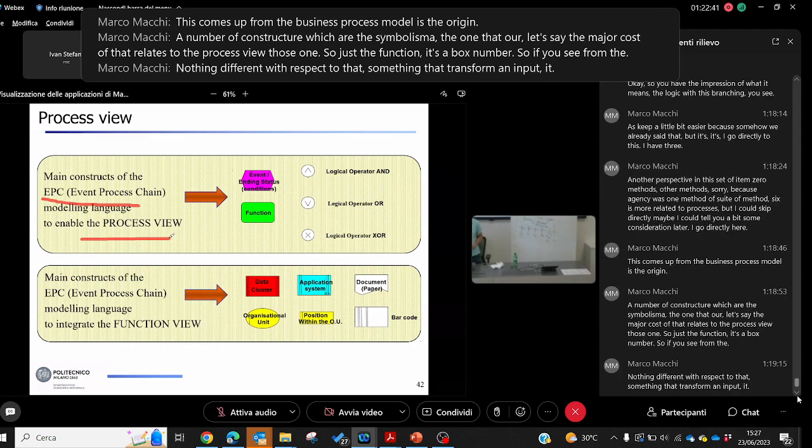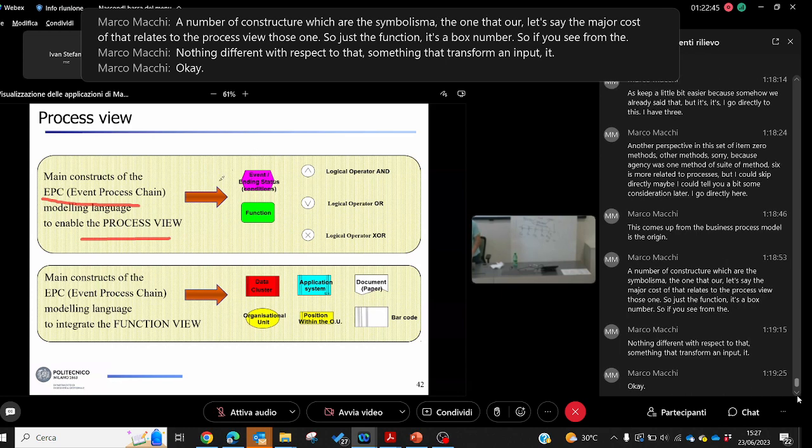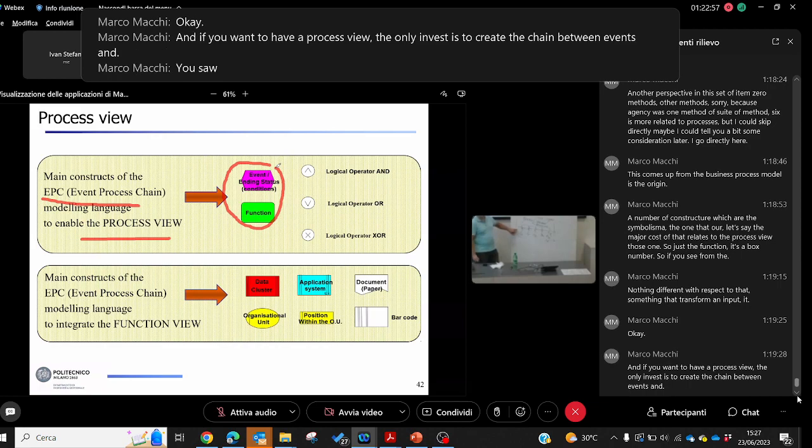Same thing. But if you want to have a process view, the interest is to create a chain between events and functions. You saw here, released over time, the chain: start production, end production, start quality control, end quality control, and the activities in between.